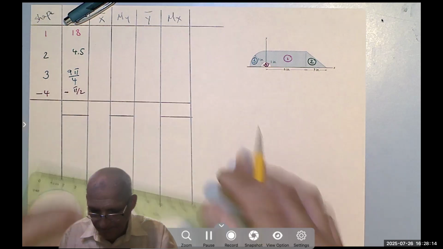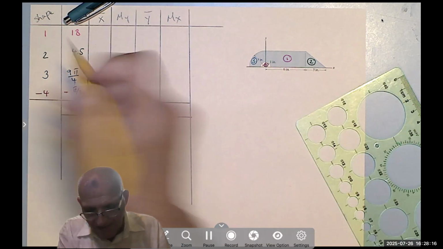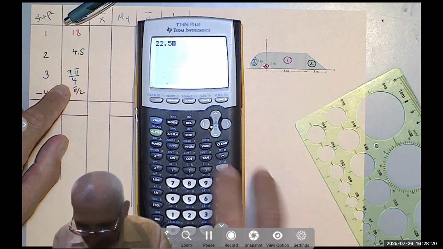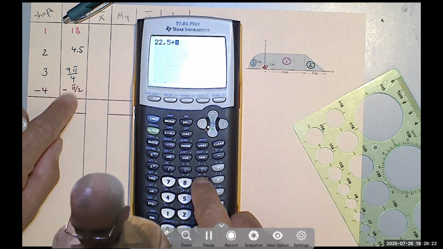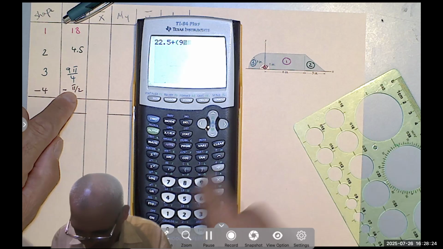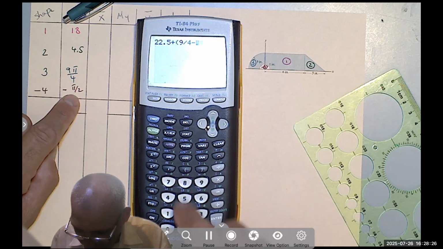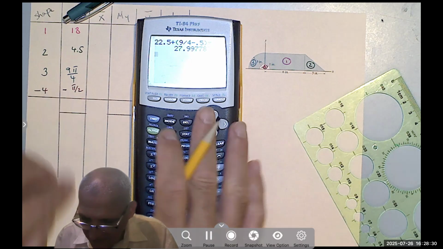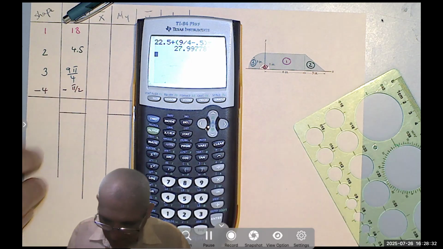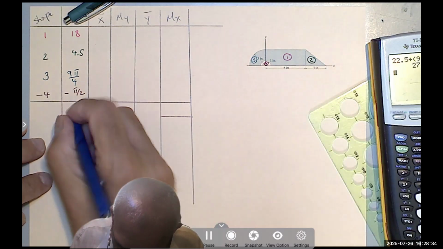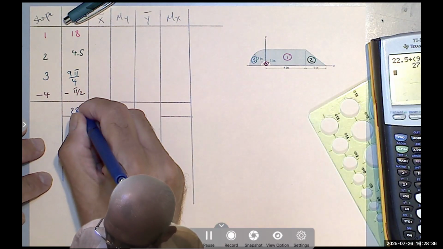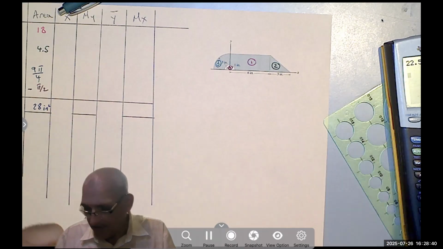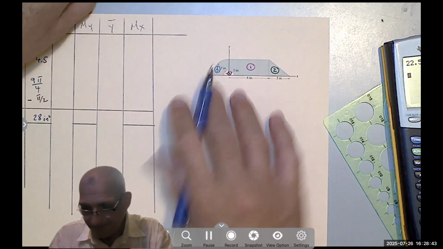So 22 and a half plus 9 pi over 4 minus 1 half pi, which is 27.99, let's say 28. It doesn't matter because I'm not going to use this number. I have it stored in the calculator.